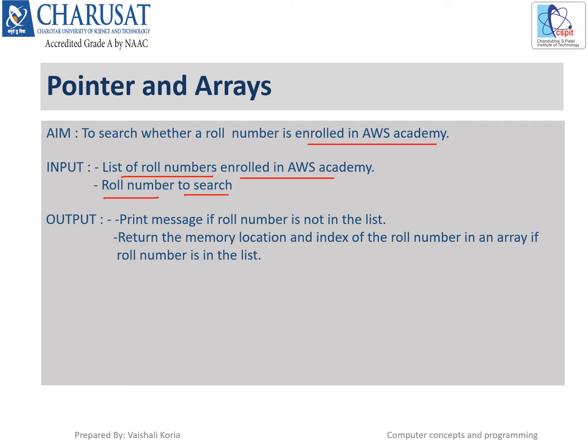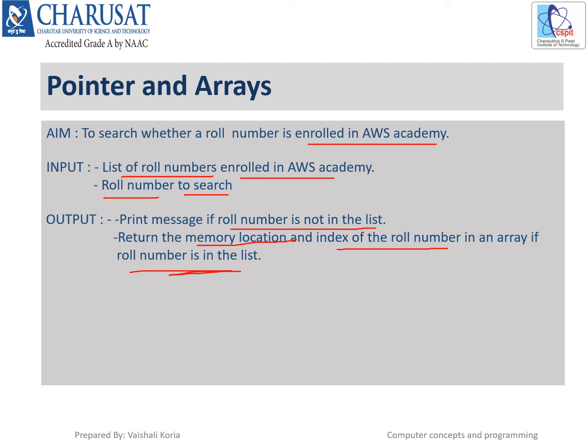If the roll number is not in the list, we print an appropriate message that this roll number has not been registered for this academy. If the roll number is in the list, then we have to return the memory location and index of the roll number in the array.